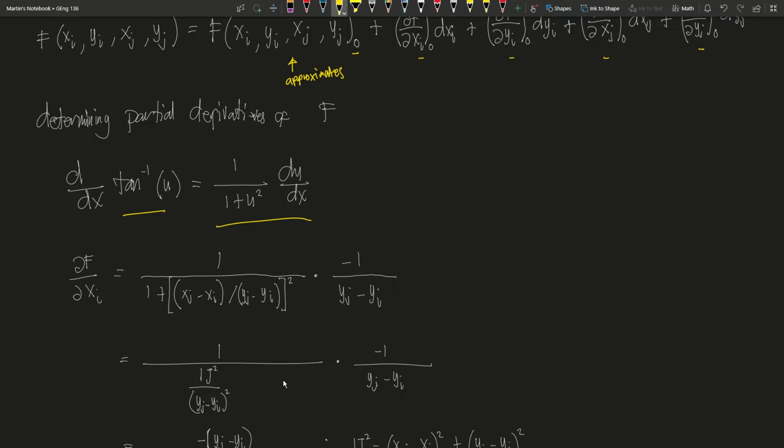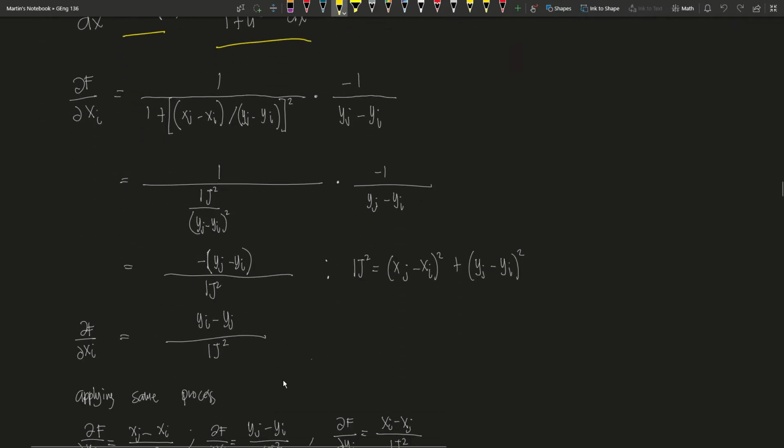Then we proceed here. Okay, so take note, ij squared is equal to the square of x sub j minus x sub I plus the square of the quantity y sub j minus y sub I. So this is your distance formula of a line.